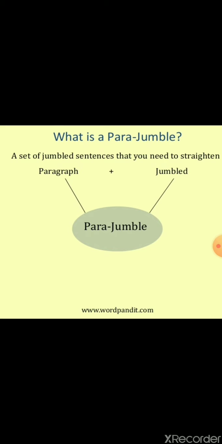So a set of jumbled sentences, mixed and mashed up, you need to untangle and put in a straight flow, and then you come to the right option. Technically, this is what you need to do.